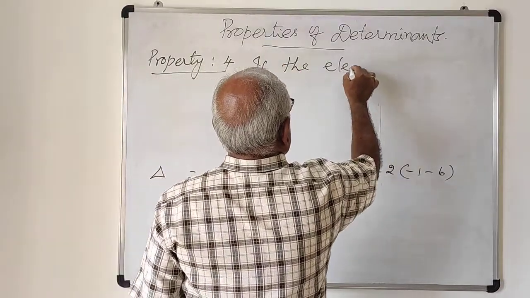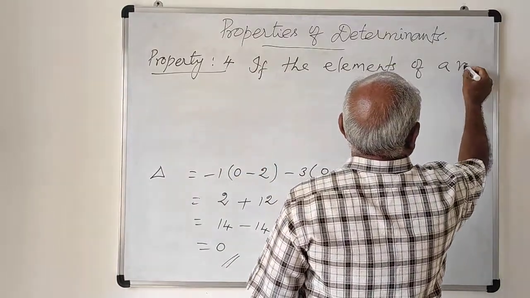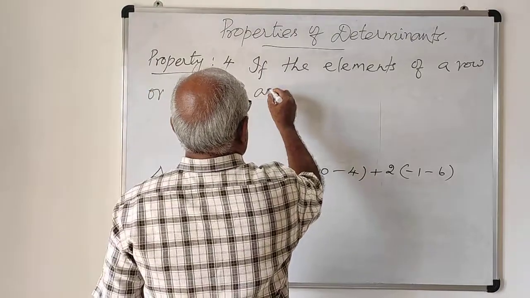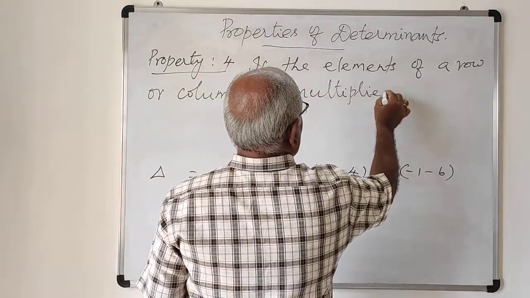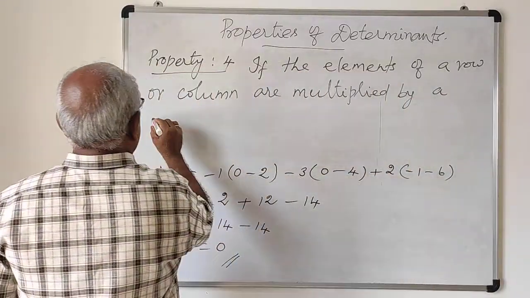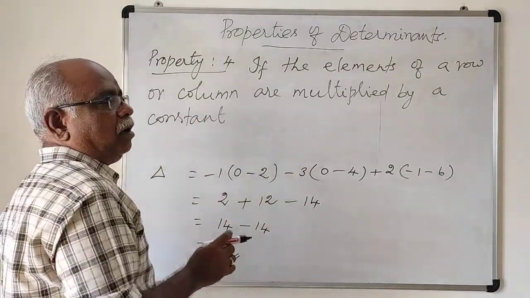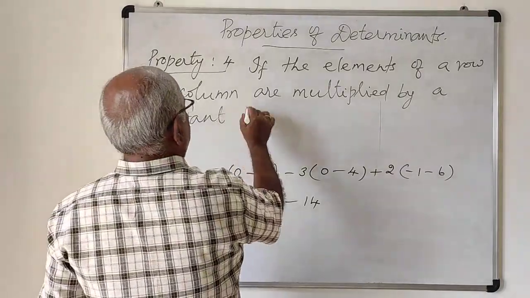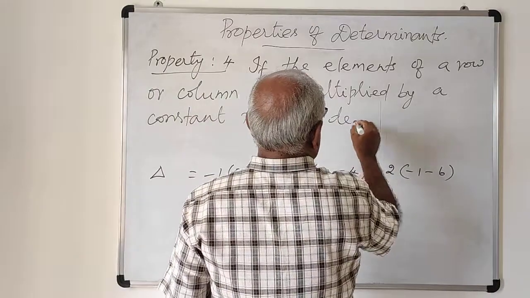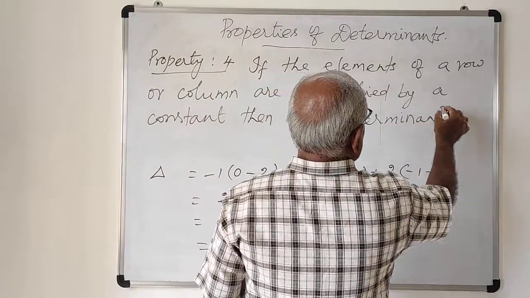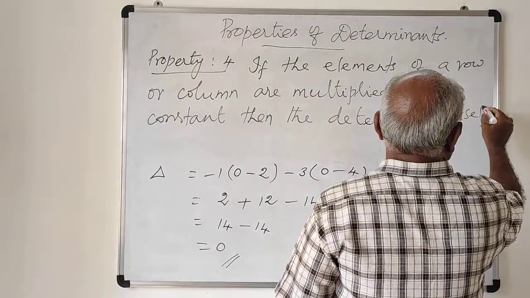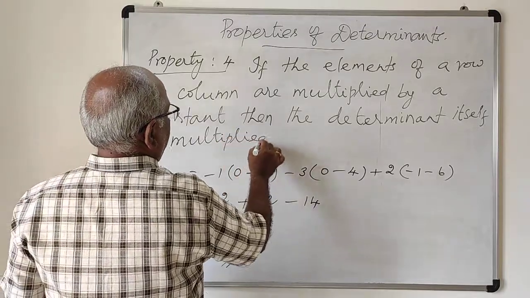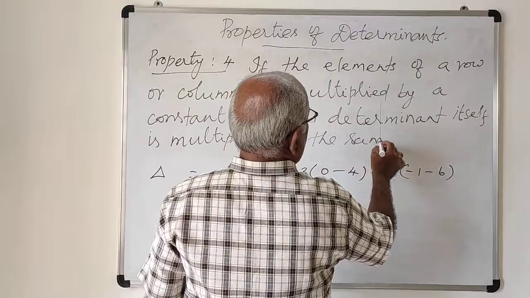If the elements of a row or column are multiplied by a constant or a scalar, we can say constant or scalar also, then the determinant itself is multiplied by the same constant.